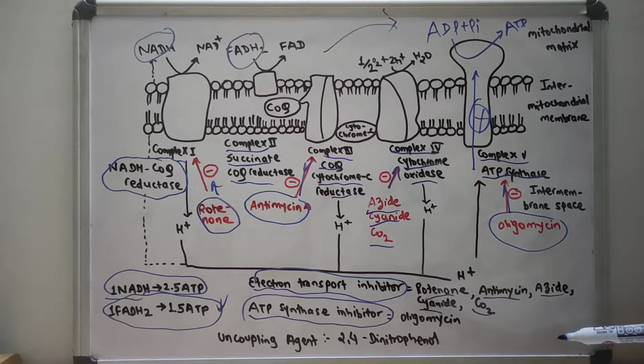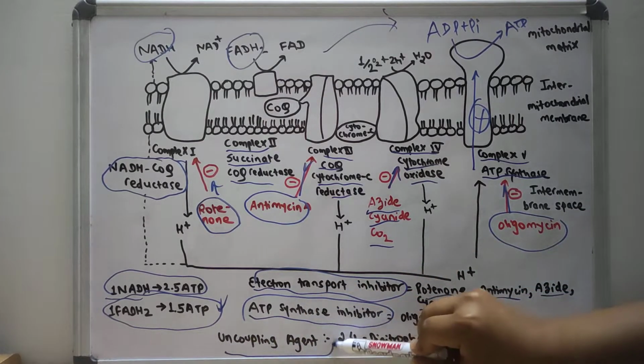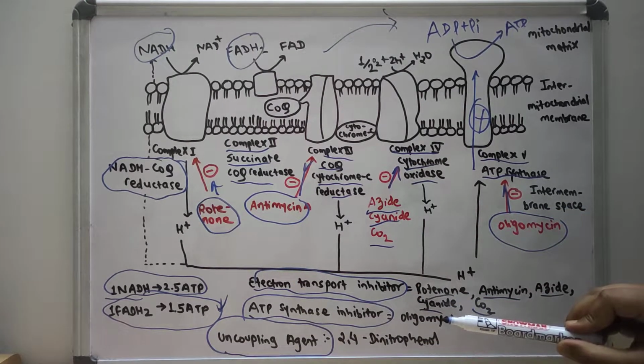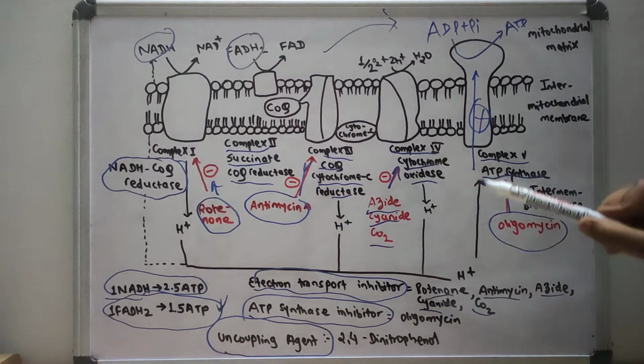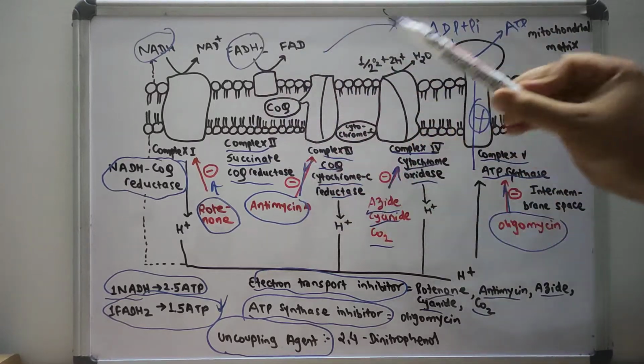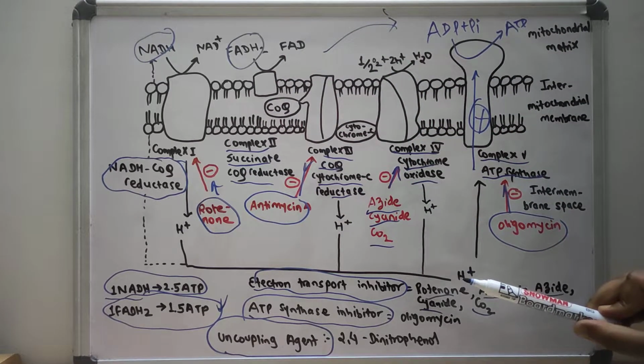So now let us talk about the uncoupling agent. Uncoupling agents are agents that increase the permeability of the membrane, which causes a decrease in proton gradient and an increase in oxygen consumption. ATP synthesis stops in the ATP synthase, but electron transport continues from complex 1 to complex 4. So it produces a lot of heat.